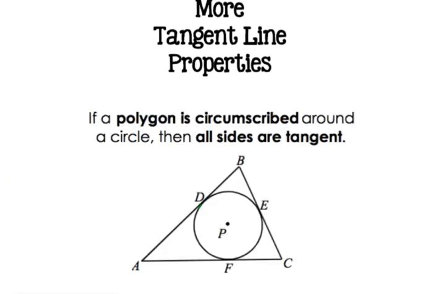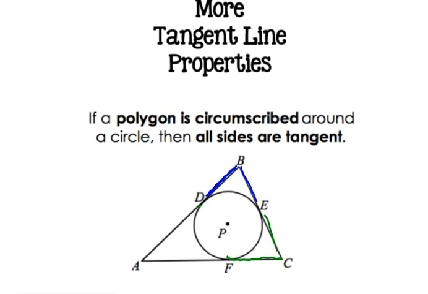And then the other one is, if you have a polygon circumscribed around your circle, all the sides are tangent. So why do we care about that? Well, what would be equal to DB? BE. What would be equal to FC?